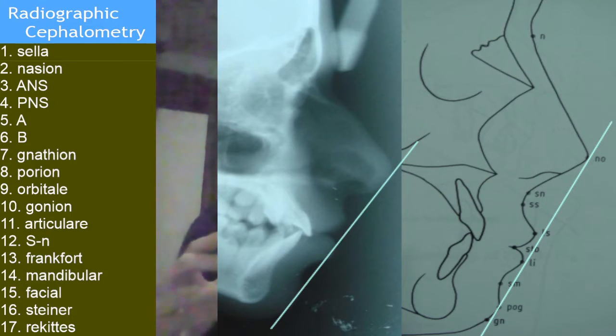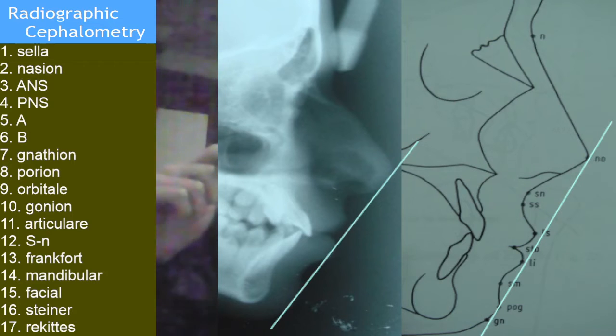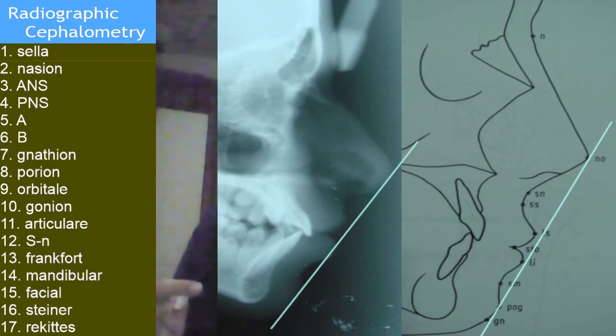It is the Ricketts line, joining between the pogonion and the tip of the nose.